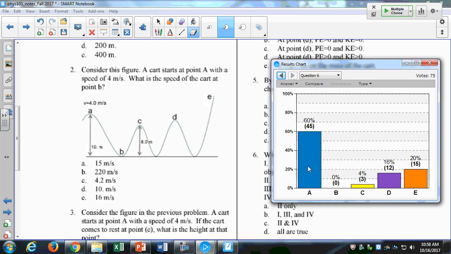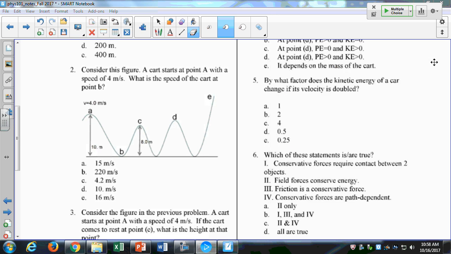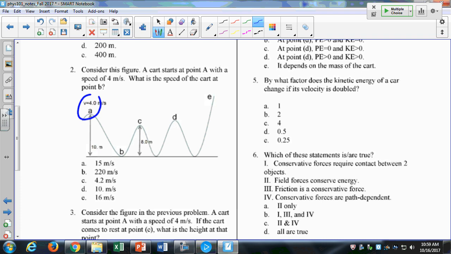Okay, let's see. I think A is right. Let's just double check that. So when I do this, I want to say the energy up here is equal to the energy down here. And then also notice that it has a speed up here. So it has both kinetic and potential. So that's going to be 1/2 mv squared plus mgh is going to equal 1/2 mv squared at the bottom, because down here the potential energy is equal to 0. All right? So I could write out this mgh over here, but it's going to be 0 at the bottom.